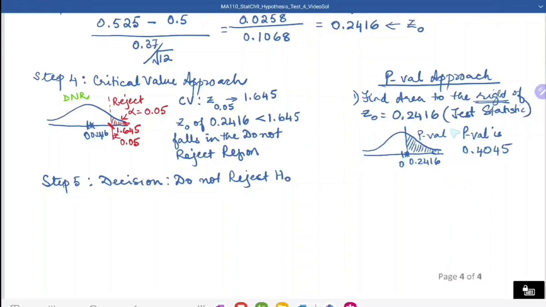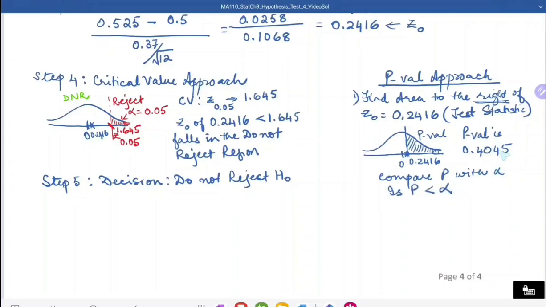Now in the next step, what you do is you compare p with alpha. Compare p with alpha, and the question is, is p less than alpha?